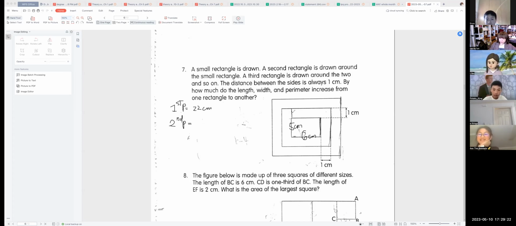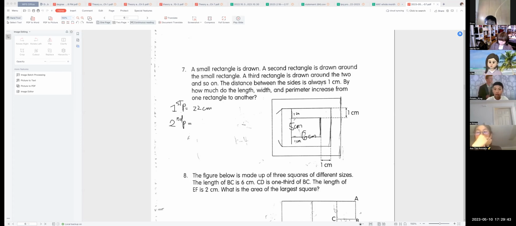Okay, so now let's take a look at this one, everybody. If this one is 1 centimeter and this one is 1 centimeter, can you tell me what is the distance of this one? 1 centimeter. Yeah, you're right. It is 1 centimeter plus 1 centimeter plus 5 centimeters plus what?